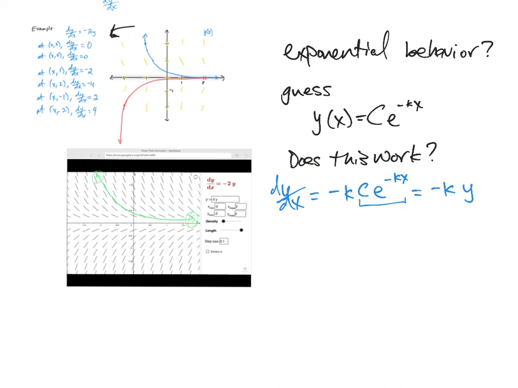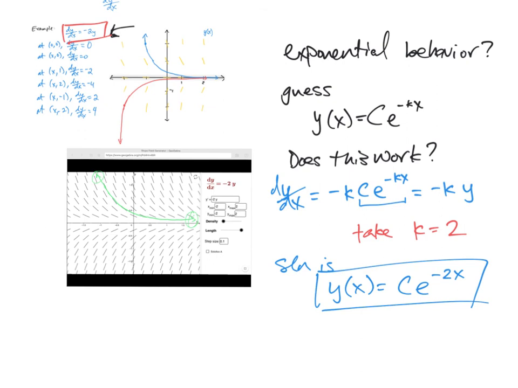So in order to make this fit into our differential equation, we just need k equal to 2. Okay, so then based on our guess, which was based on our direction field, we can find our solution. y of x equals c times e to the negative 2x. And wow, this even helped us solve this equation.